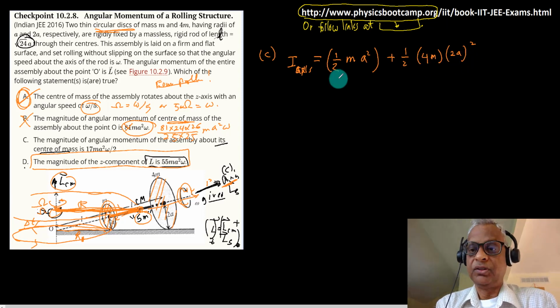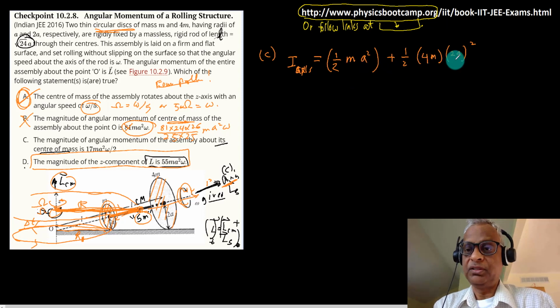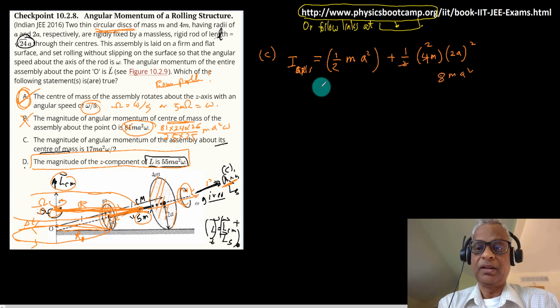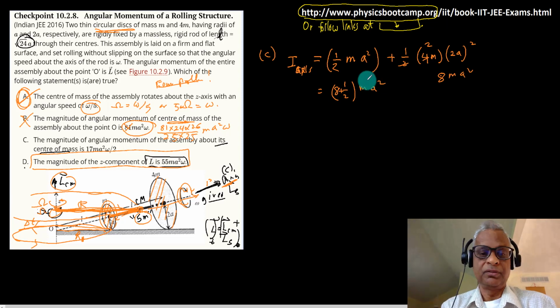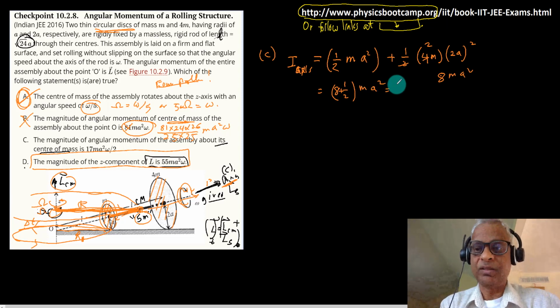So this one will need further expansion. This is going to be 2, and that's going to be 4, and 4 is 8 m a square, and so 8 plus a half m a square. Okay, so this is 17 over 2 m a square.